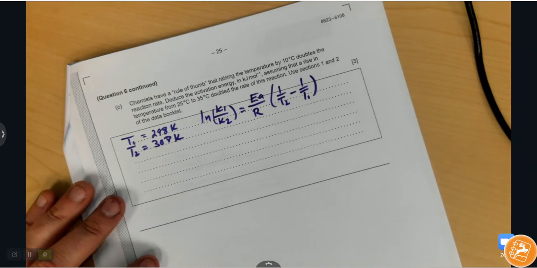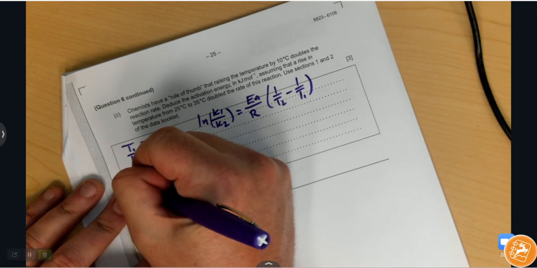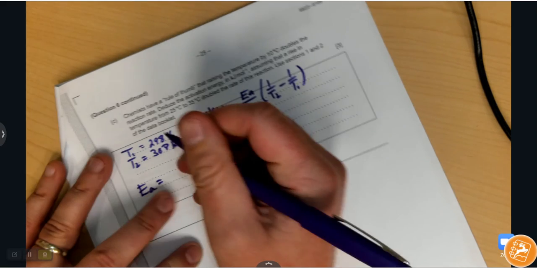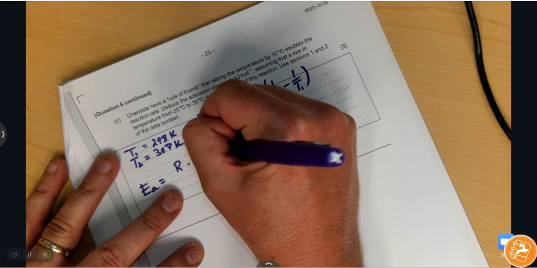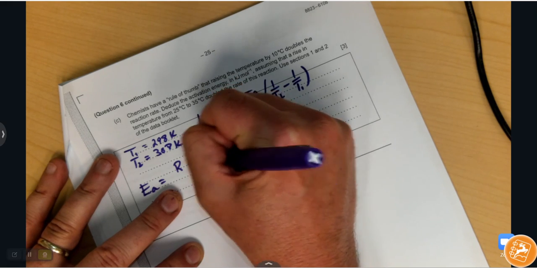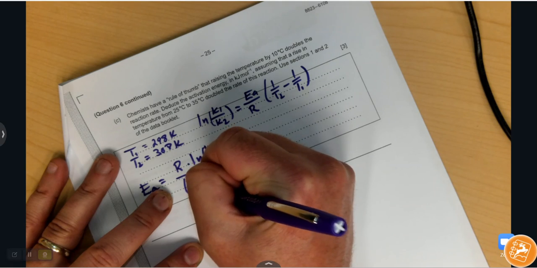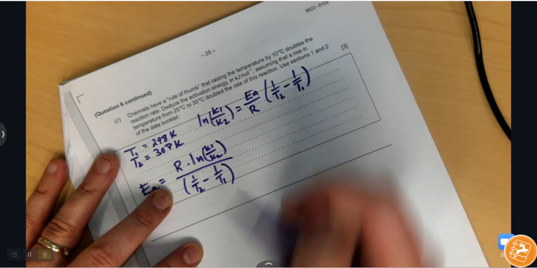So this is just a bunch of annoying plugging and chugging. All right, so I'm just going to solve for activation energy here because that's what we're calculating. So that will be R times the natural log of K1 over K2 divided by this factor, 1 over T1 minus 1 over T2, sorry.